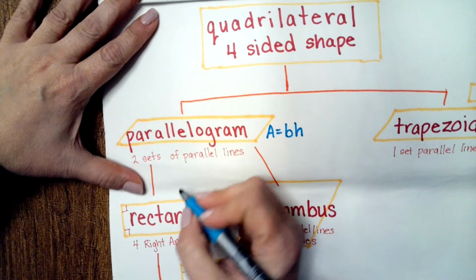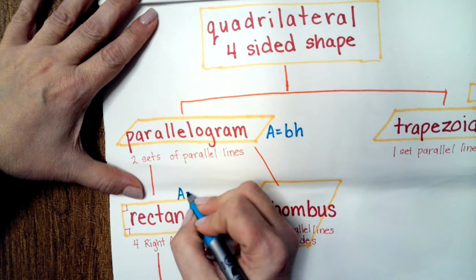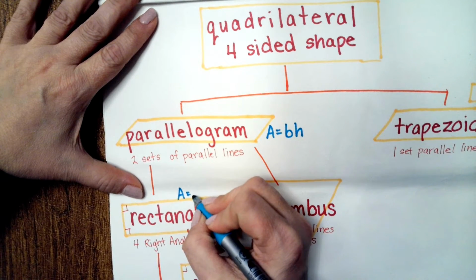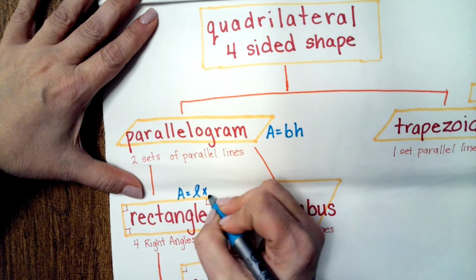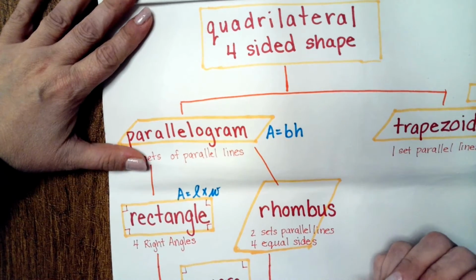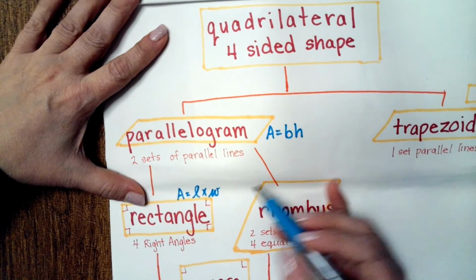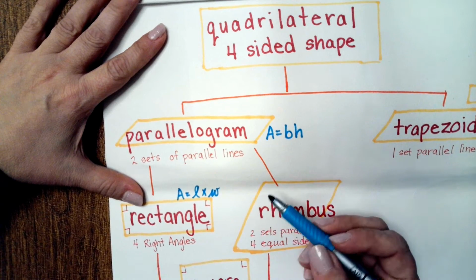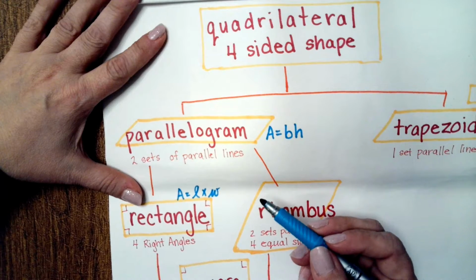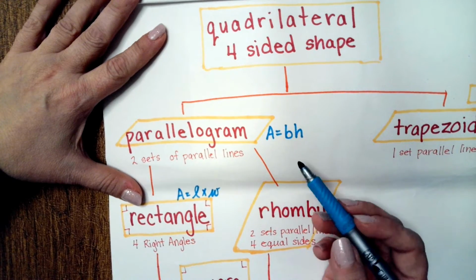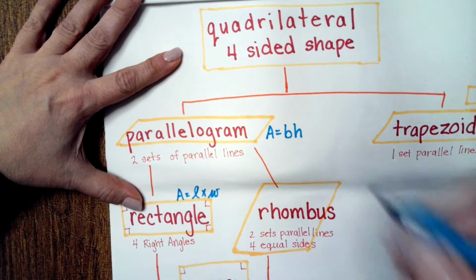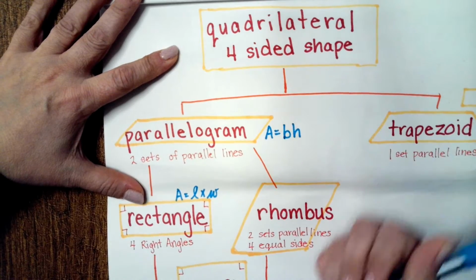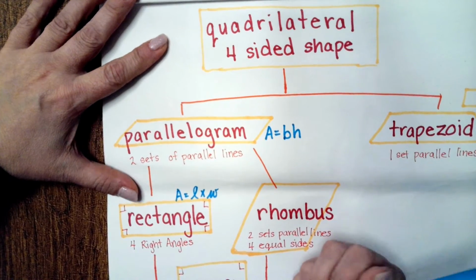We know the area of a rectangle is equal to length times width. Now I did that in print and I did that in cursive. You can do either one either way. B's tend to be hard for kids to make in cursive, so just make them nice and neat and tidy so that they don't look like a 1 and a 0. I don't want that to look like a 10.